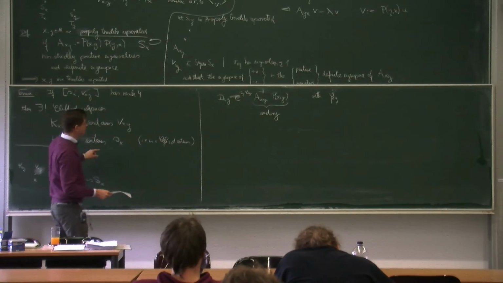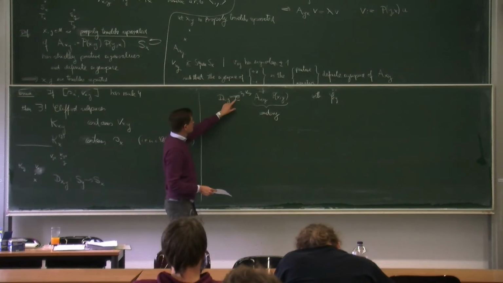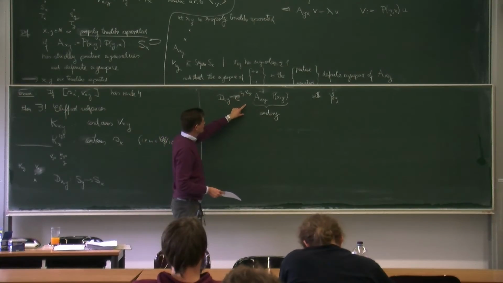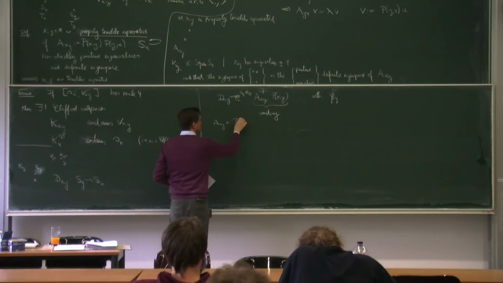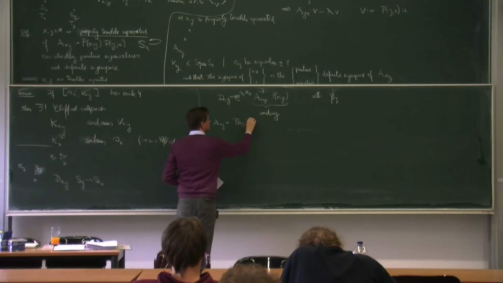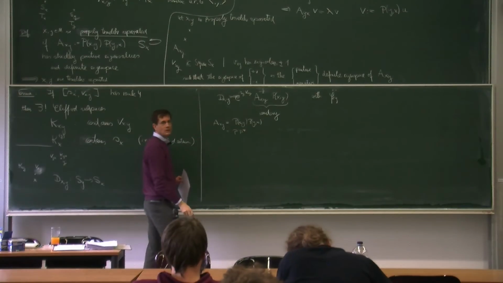Let's see... no, this is kind of the unitary part. I mean, you can think of it similarly: the axy is like p of xy times p of yx. And so you can also say this is just p times p star.